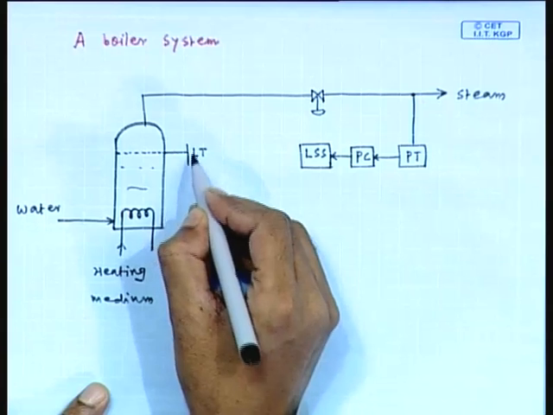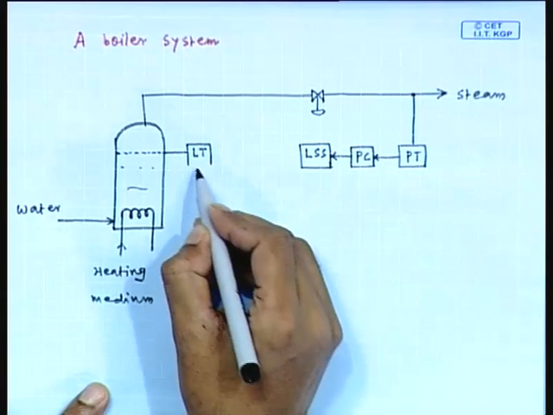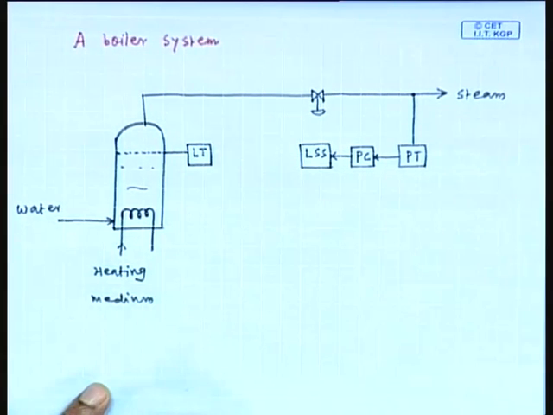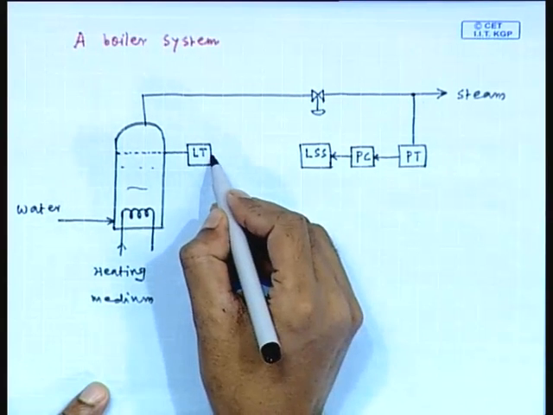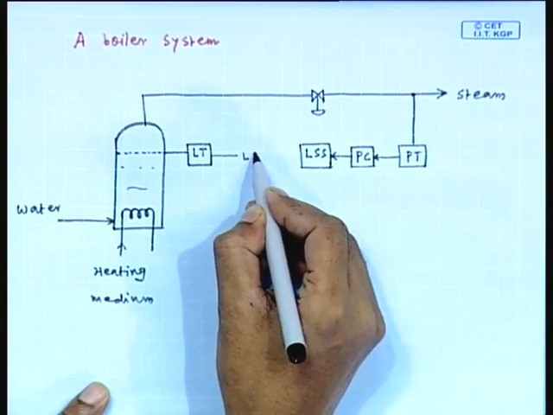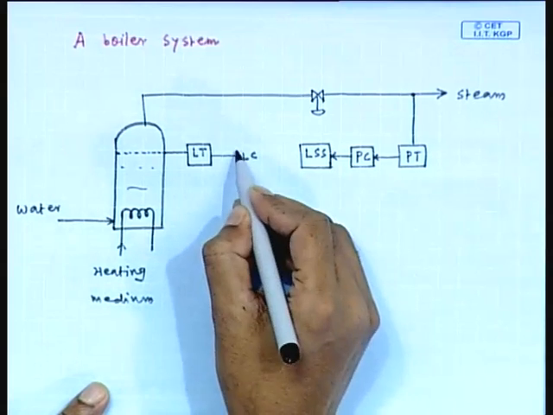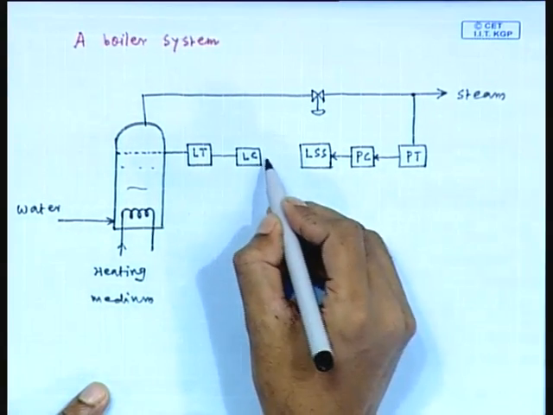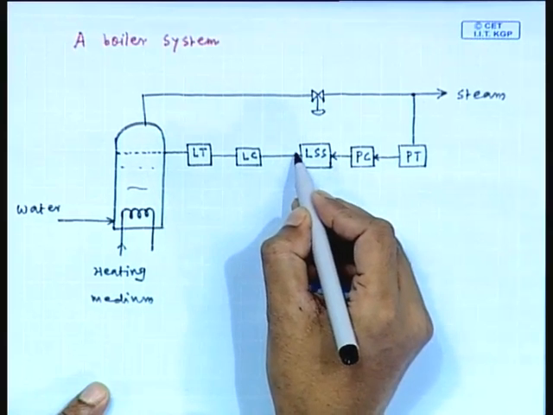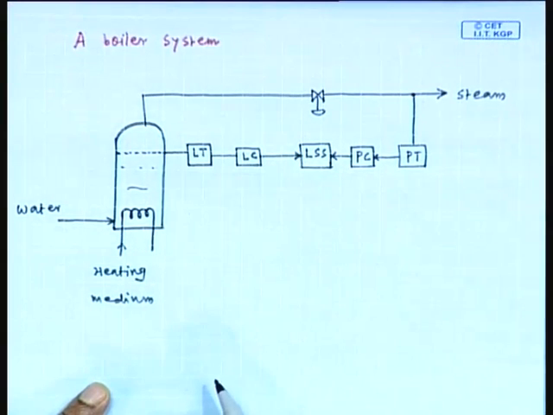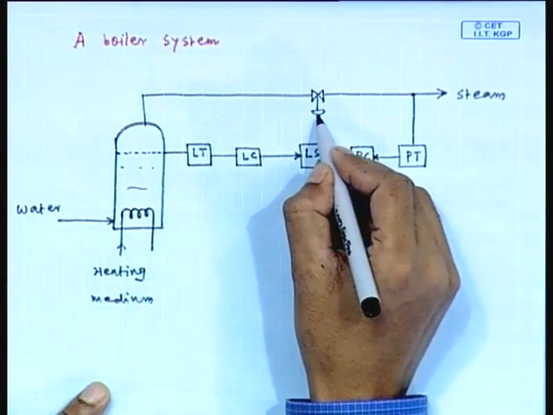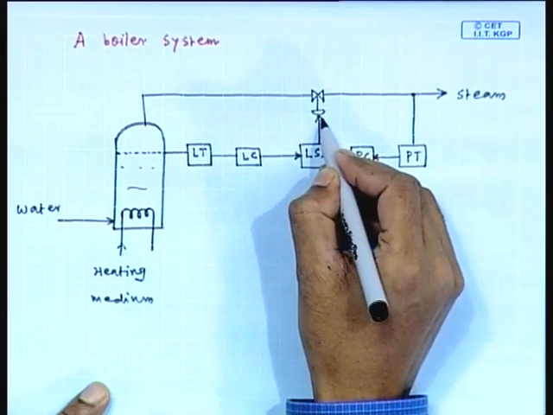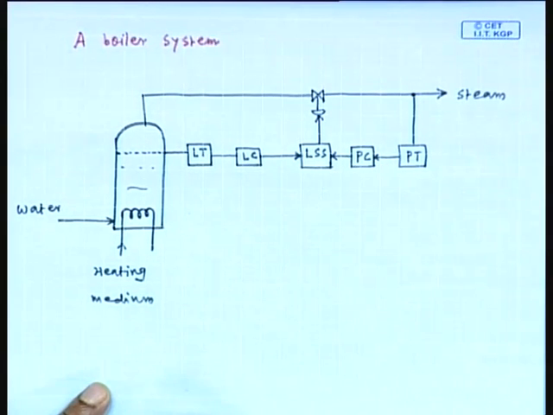So, for that we need to employ one level measuring device, that is LT, then one level controller, then the controller signal goes to LSS. LSS output is implemented through the control valve.